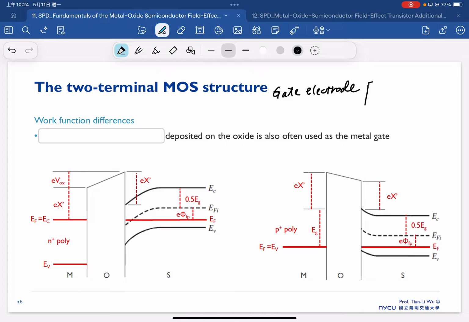In the early time, we mainly used polysilicon with doping, so we consider N plus, P plus polysilicon. And recently, of course, for the advanced technology, we start to use a metal gate.